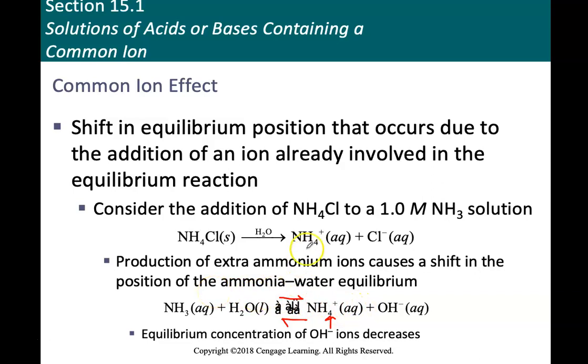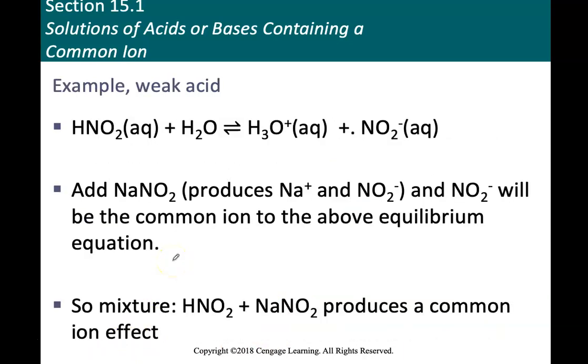And that's what we are talking about here in terms of common ion. So you basically add one of the ions, which is sourced from a salt, like in this case, ammonium chloride. So that's what we are doing in this section, looking at the effect of adding a common ion to an existing equilibrium.